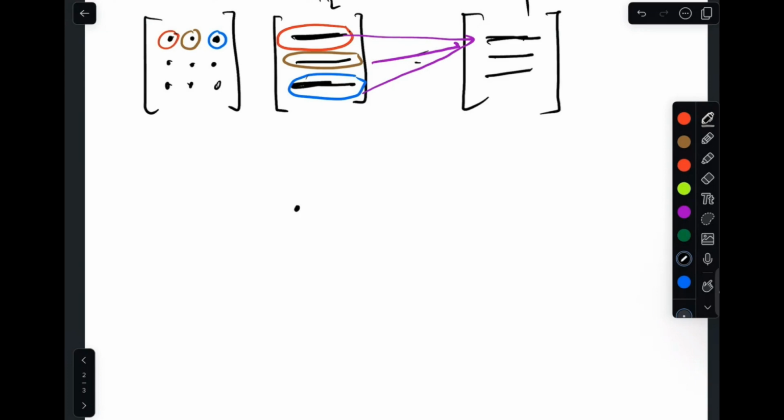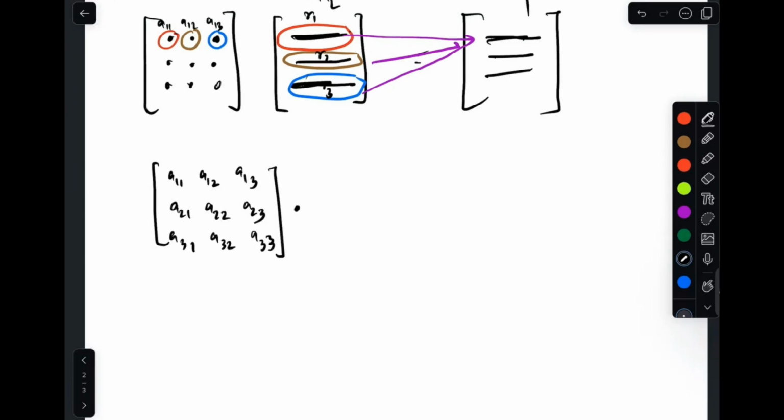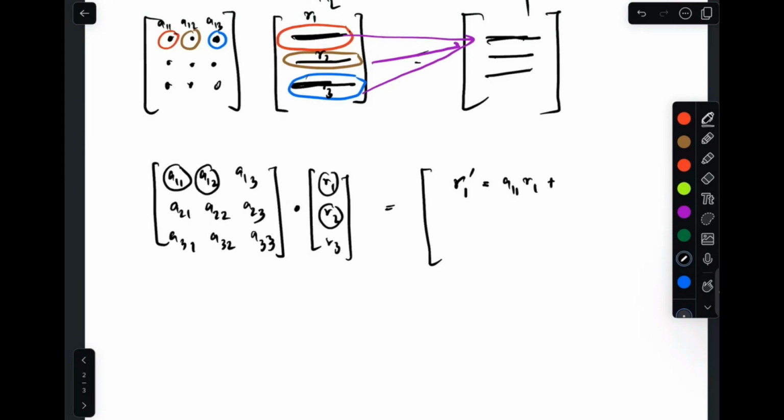If this is A11, A12, A13, A21, A22, A23, A31, A32, and A33, multiplied by the row vectors R1, R2, R3, the new row vector, let's call it R1 dash, will be A11 times R1 plus A12 times R2 plus A13 times R3. It is aligned in perfect order.